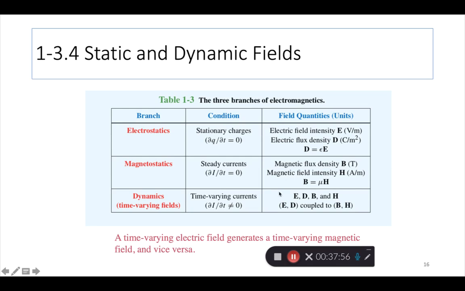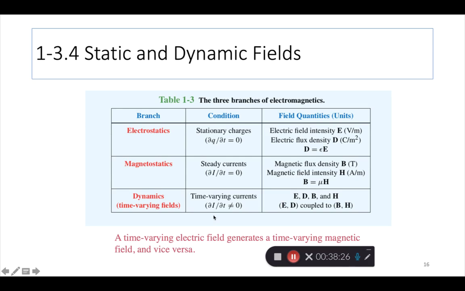So the three main branches of electromagnetics are electrostatics, magnetostatics, and electrodynamics, where things are varying with time. So if the partial derivative with respect to time is 0, then it's steady charge, stationary charges. If currents are steady, that means DC, then we call it magnetostatics.